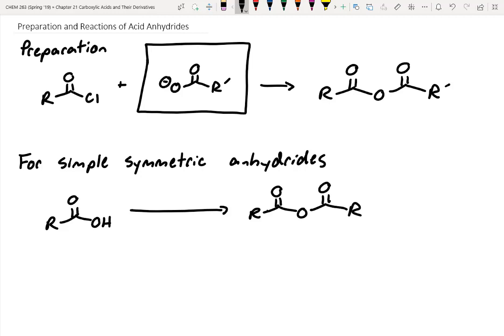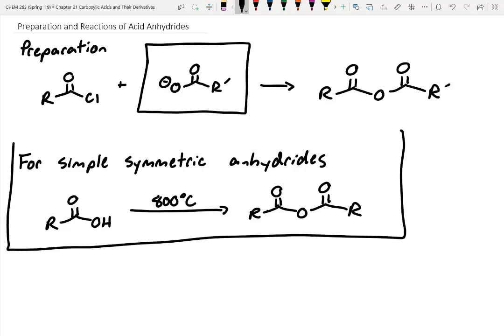All right, so you can actually just take a carboxylic acid and heat the snot out of it, and it will actually couple together. Do you think this is something that people do in labs? No. Heating something to 800 degrees is a challenge, right? So you have to do this in special reactors in an industrial facility. This is something you would never see in a synthetic reaction.